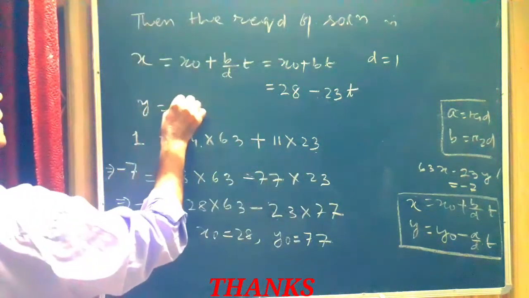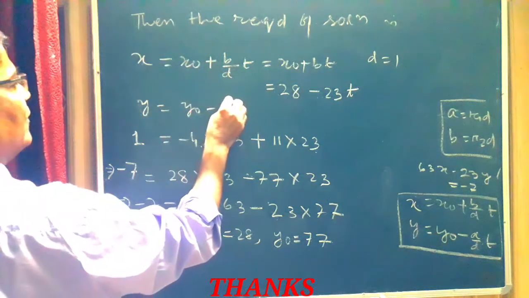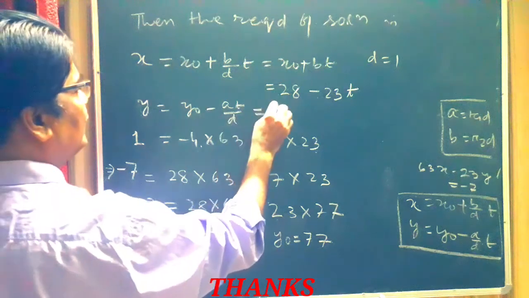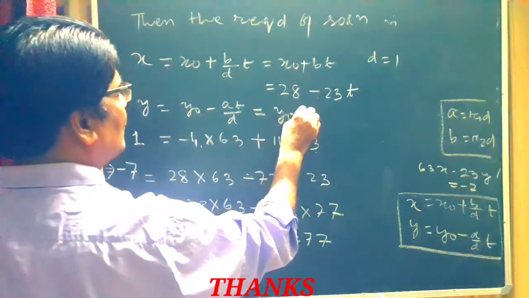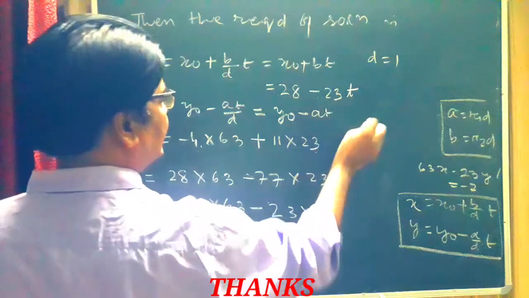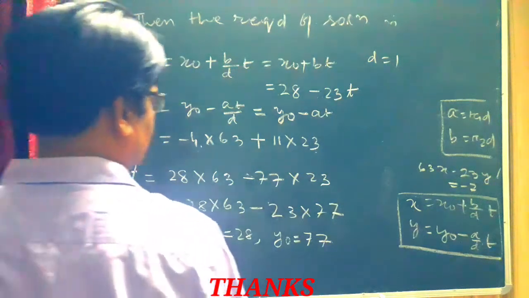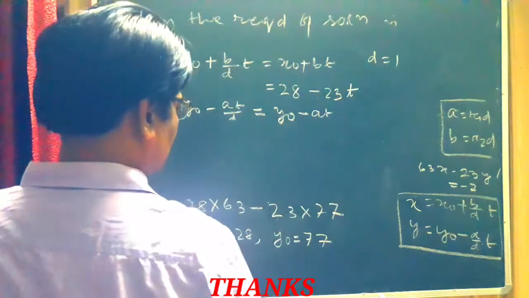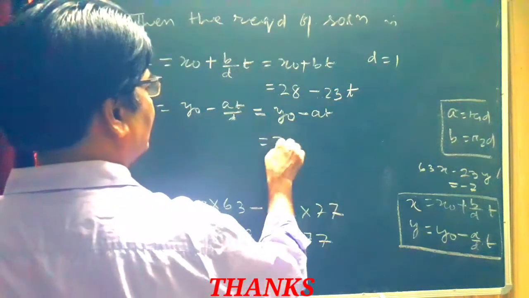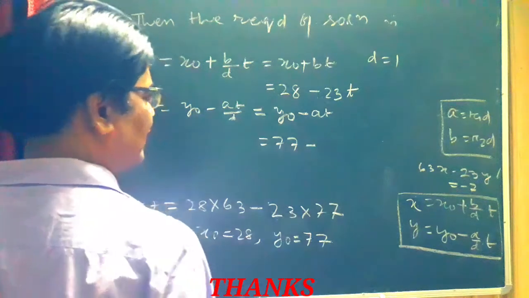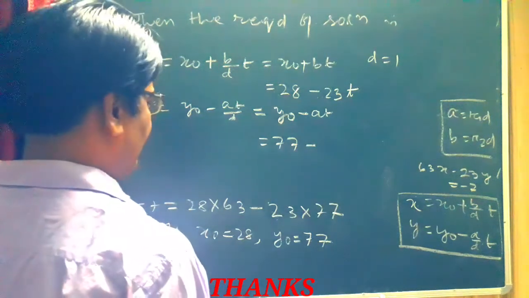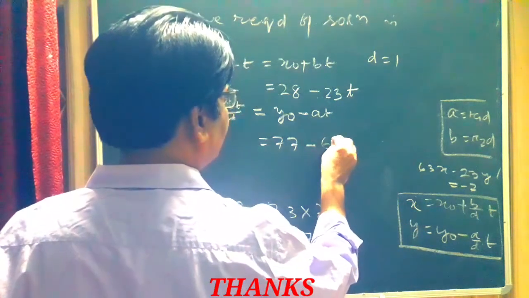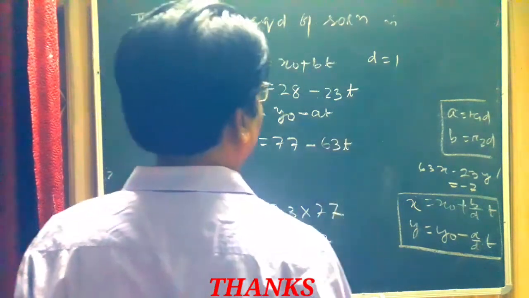And y = y0 - (a/d)t, which is y0 - at because d = 1. Here y0 is 77 and a = 63, so y = 77 - 63t.